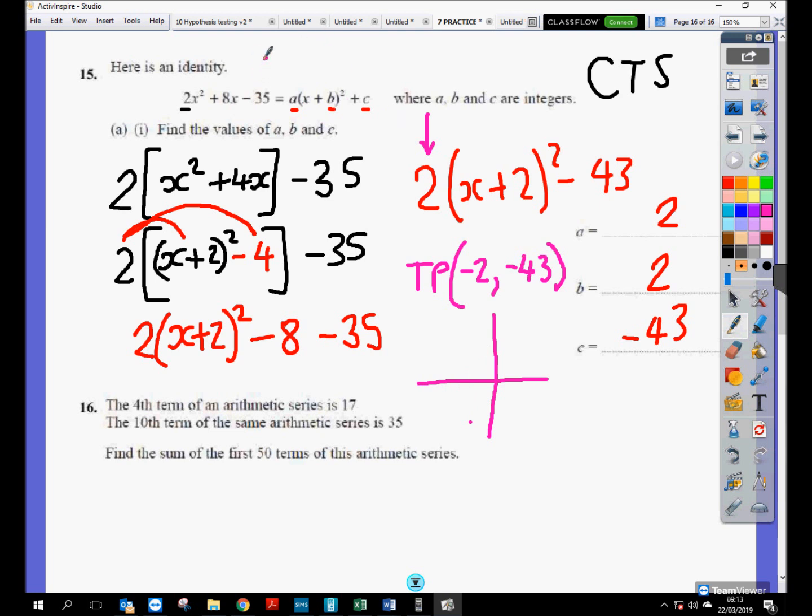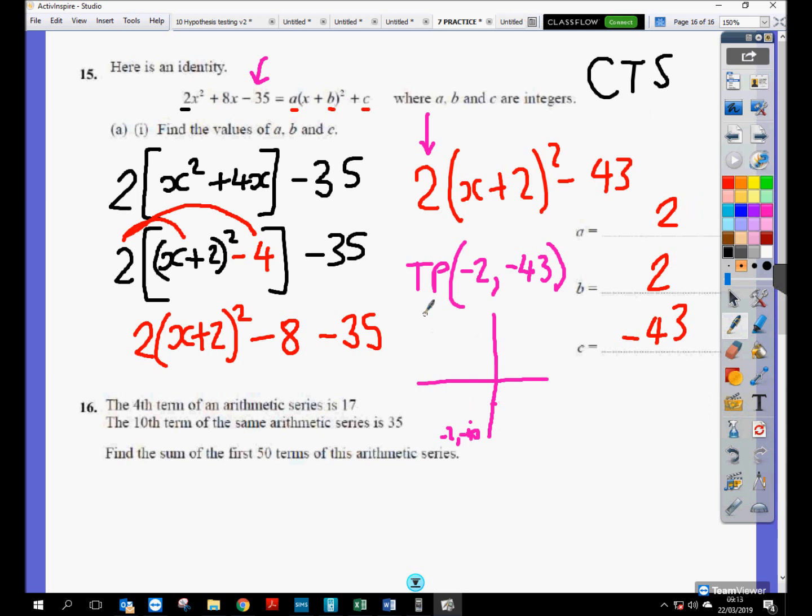Also it crosses the y-axis when x is 0. If you substitute x as 0, you end up with 0 squared, 0 times 8, so it's all 0, and negative 35. So we have this point here, negative 2, negative 43, and it's going to cross the y-axis at negative 35, about here somewhere.